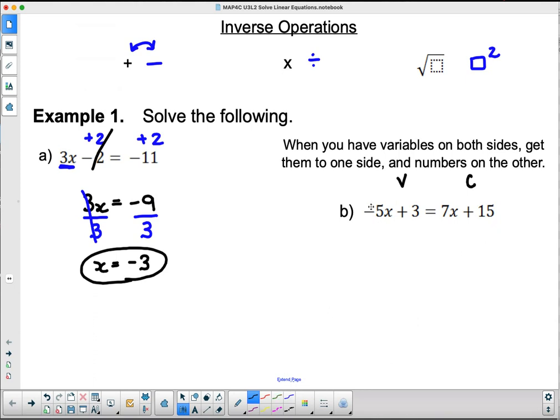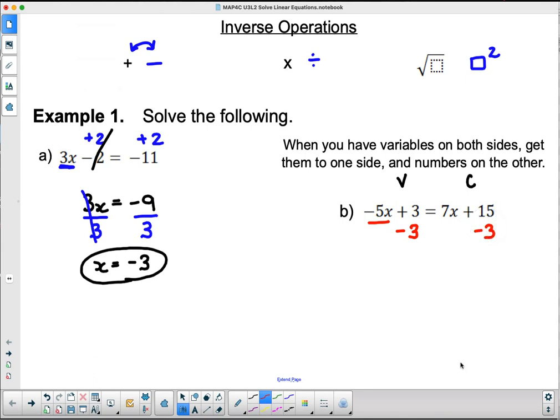So if I want the variable on this side, I have to get rid of anything on this side that is not a variable. So when I say not a variable, this -5 is part of the variable term. Remember, we have to keep the terms together to start with. So this is okay on this side. I want variable terms on this side, but that means I have to get rid of the +3. So I'm going to subtract 3, and whatever you do to one side, you got to do the same thing to the other.